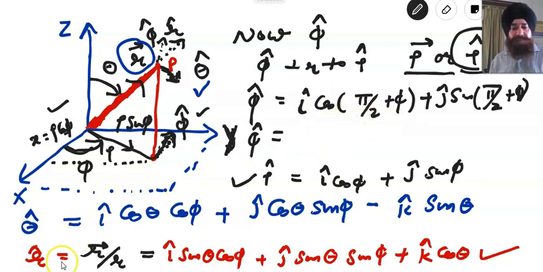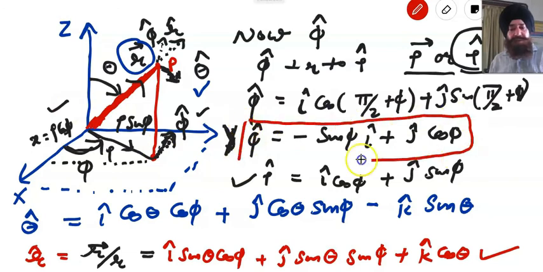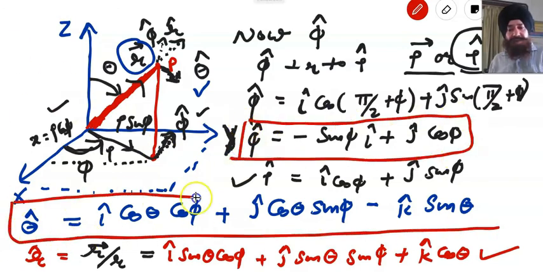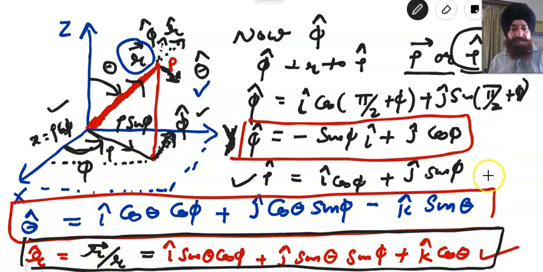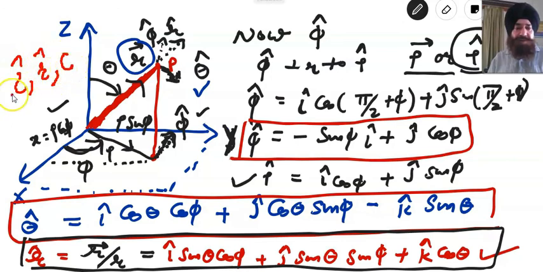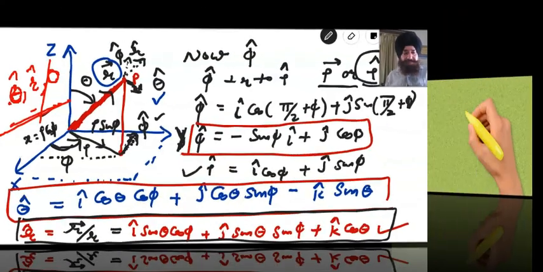Minus sin phi. And what is sin 90 plus phi? Cos phi. So this is phi cap, this is theta cap, and this is our r cap, all three unit vectors of orthogonal coordinates: theta cap, r cap and phi cap. Thank you very much.